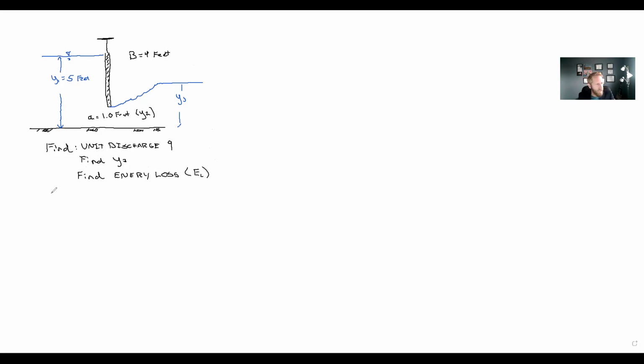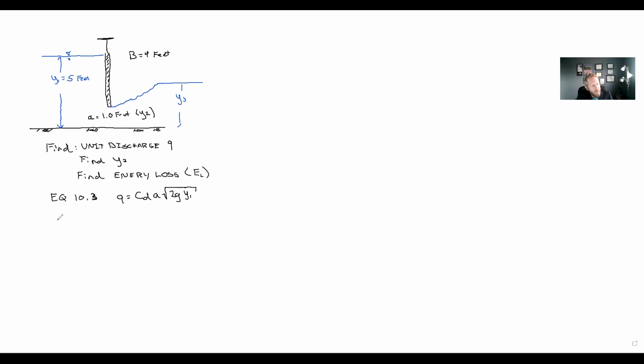Equation 10.3 says that the unit discharge through a sluice gate, Q, is equal to a coefficient of discharge times the opening A times the square root of 2g y1. So we know y1 and we know A. We don't know our coefficient of discharge.